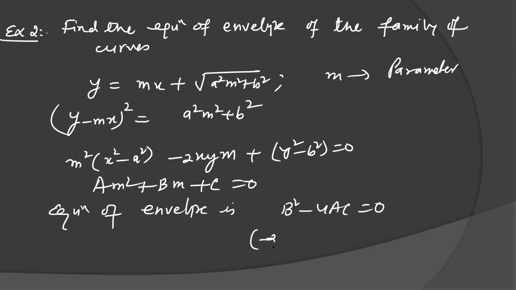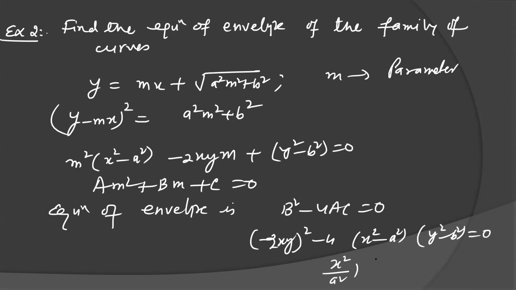So B is minus 2xy whole square, minus 4 times A, which is x square minus a square, times C, which is y square minus b square, equal to 0. After simplification, you will get nothing else but the equation of an ellipse, because this is a family of tangents of an ellipse.